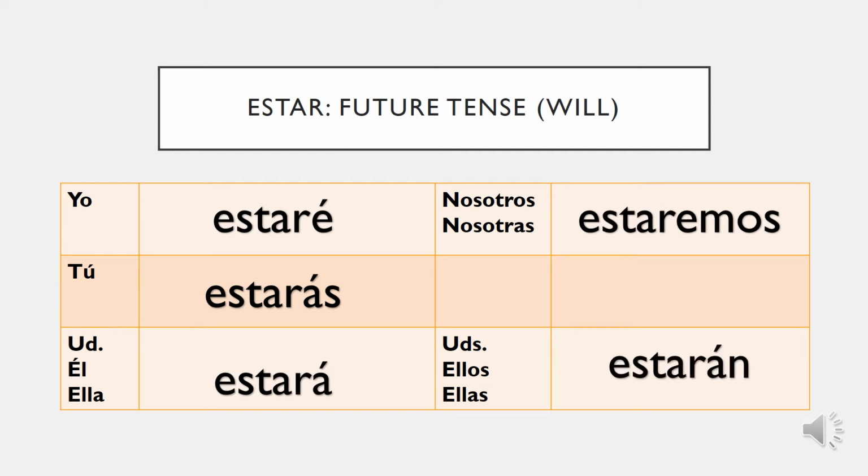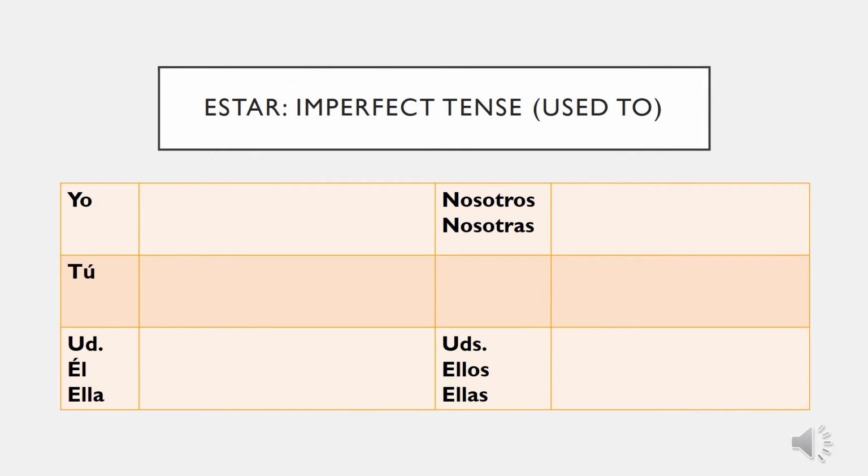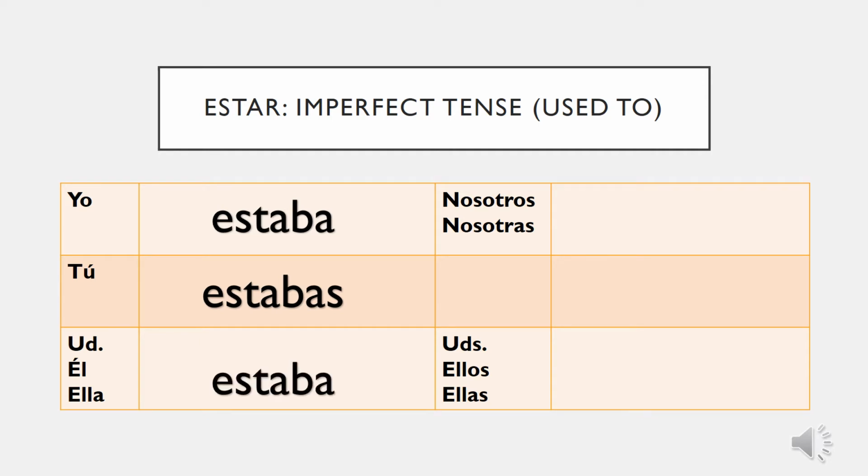Notice that we have accents everywhere except for the nosotros form. And estar in the imperfect is yo estaba, tú estabas, usted, él, ella estaba, nosotros estábamos, ustedes, ellos, and ellas estaban.